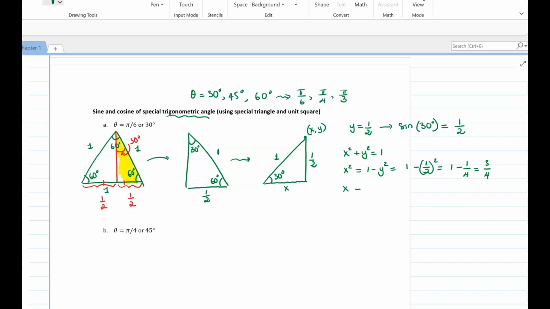So x is equal to the square root of 3 over 4, and we go with square root of 3 over 2. 30 degrees is an angle in quadrant 1, so that's why we go with a positive value. So then cosine of 30 degrees is equal to root 3 over 2.